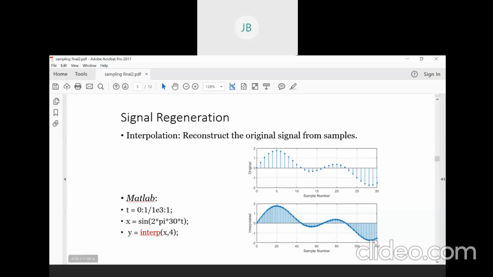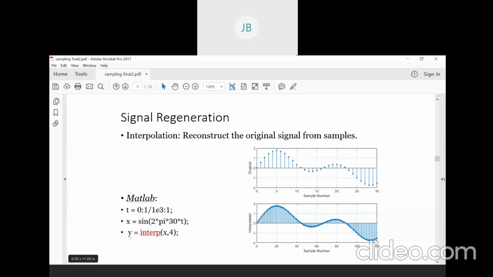So x will have the sinusoidal amplitude variations for different time values as defined by t. That is the input signal, the first waveform.